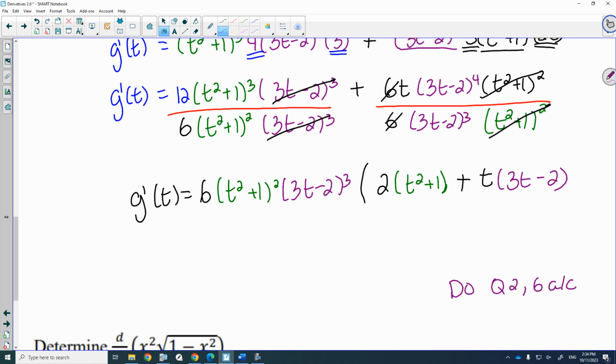Okay, so from here, always check how you can clean up this bracket. So this bracket, if I was to distribute in the 2, I'm going to write it above it. I get 2t squared plus 2. Over here, I'd get plus 3t squared minus 2t.